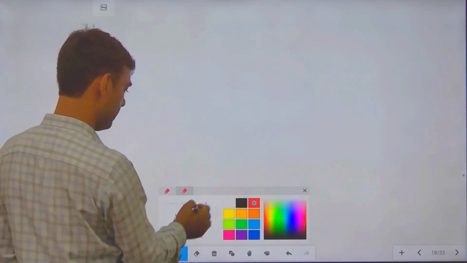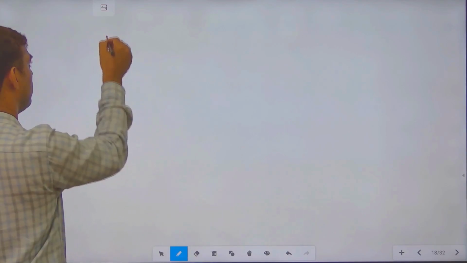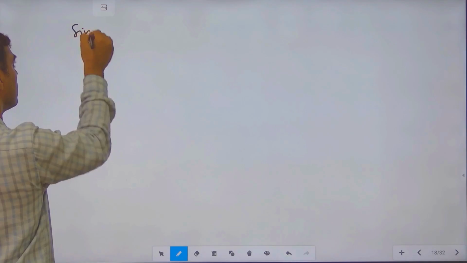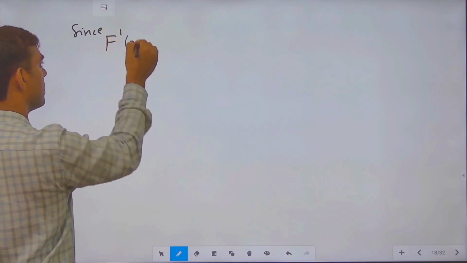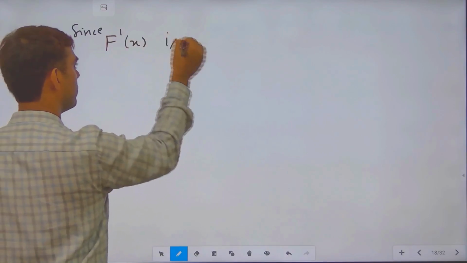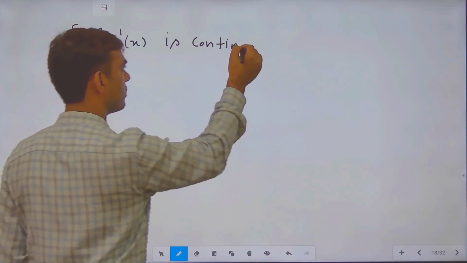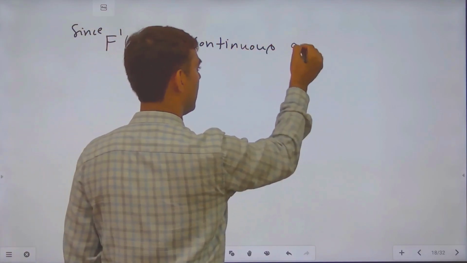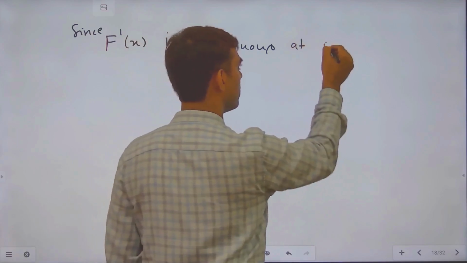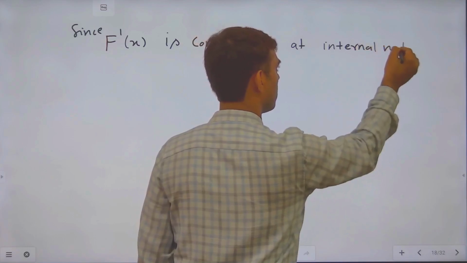Here we write: since f'(x) is continuous at internal nodes.